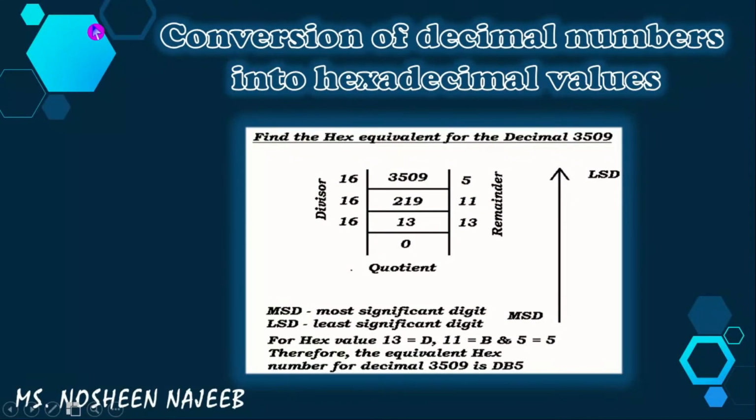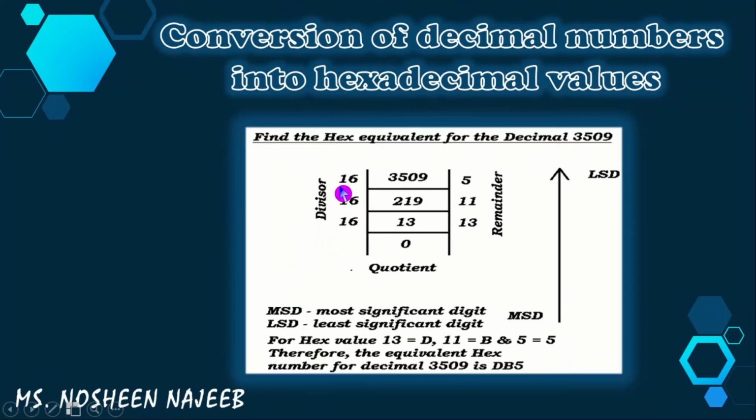Here you have an example of conversion of a decimal number into hexadecimal values. Find the hexa equivalent for the decimal 3509. Again we will use the same method, the repeated division method, which we already used for the octal number system.